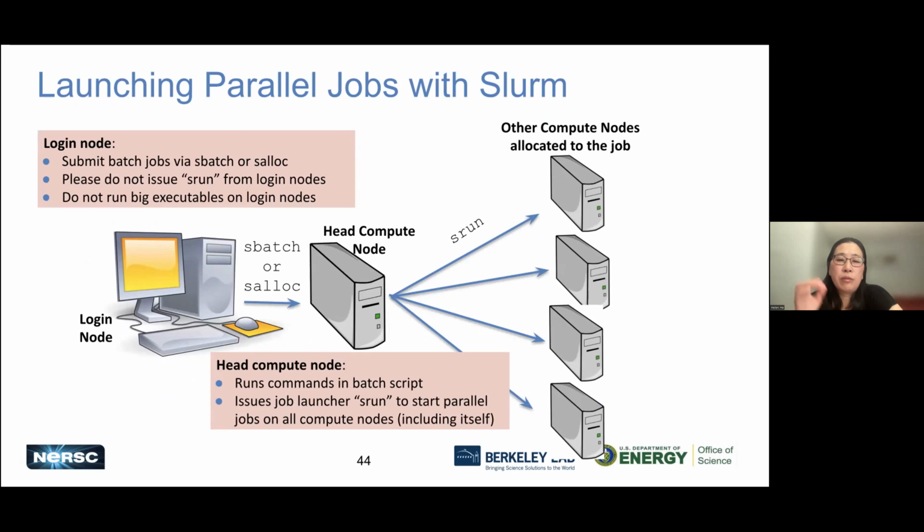On that node, you would run typical commands inside your bash script, like ls, cd to somewhere, and copy a file, all those things. You'll be running them sequentially on the head compute node. And at one point, because when you ask for allocation you actually ask for a number of nodes for a parallel job, you would use srun to launch your parallel job. With this srun, you will be distributing your workload onto the multiple nodes that you asked for.